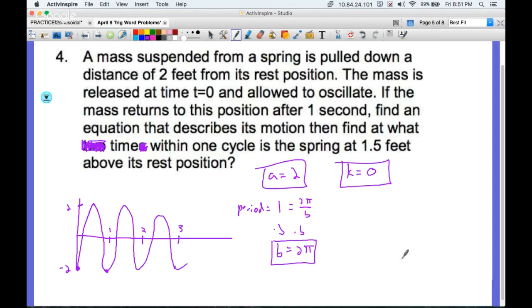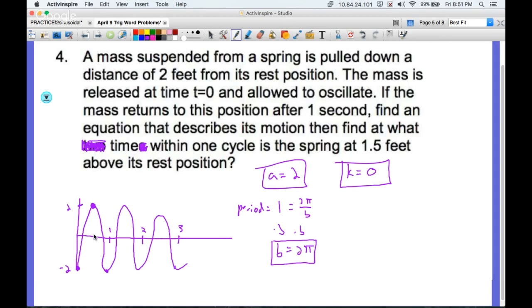And now I'm missing my h value. Does it tell us if it wants sine or cosine? It doesn't. Because we have information about a minimum, I'm going to go with cosine. Cosine starts at a maximum. So being at an extreme end, I think we'll be able to more easily shift this over.